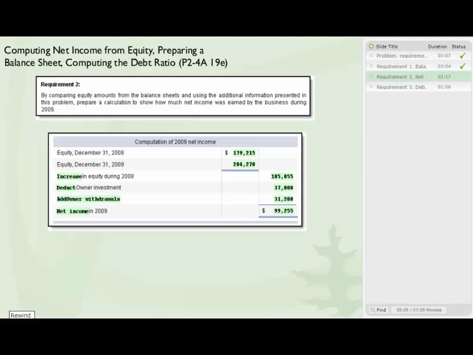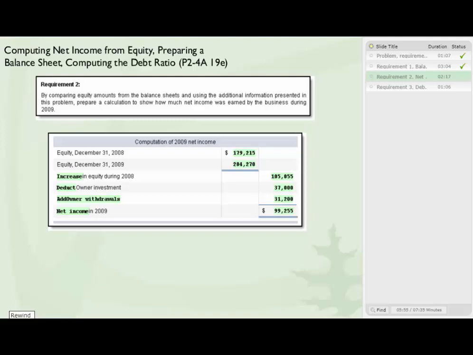So we know that there was an increase of $105,055, and we need to back out the $37,000 of the owner's investments, and then we need to add in the owner's withdrawals. Withdrawals are also not considered to be an expense of the business. They're considered to be a distribution of the assets of the business.